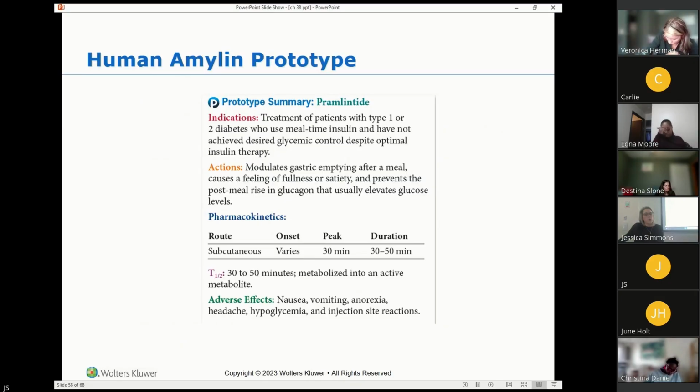So this is taking a closer look at Symlin. This is for treatment of patients with type 1 or type 2 diabetes who use mealtime insulin and have not achieved desired glycemic control despite optimal insulin therapy. Adverse effects include nausea, vomiting, anorexia, headache, hypoglycemia, and injection site reactions.